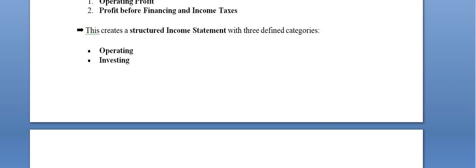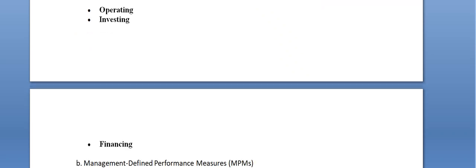In other words, we now have operating profit, and then we have profit before financing and income taxes. These are the main structure that you have. So you have number one, operating profit. Number two, profit before financing and income taxes. And then this will now create different categories. We have three major headlines now that you have under IFRS 18.